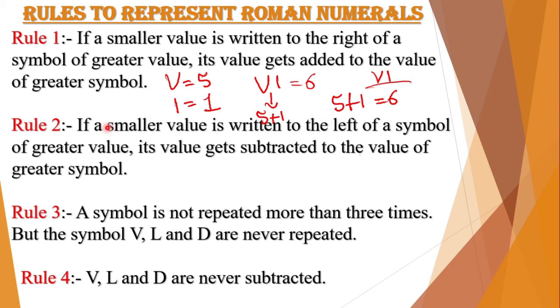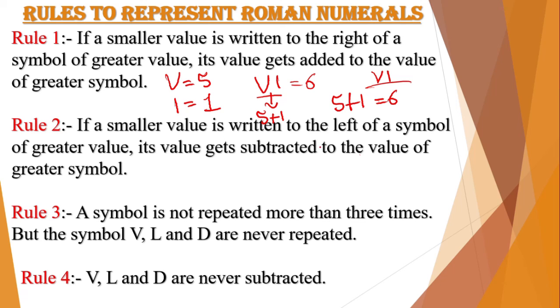So the second rule says if a smaller value is written to the left of a symbol of greater value, its value gets subtracted from the value of greater symbol. So now here in this number we wrote the smaller value to the right.